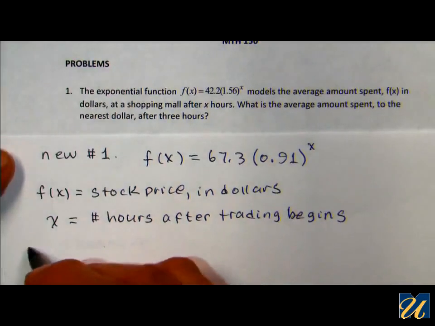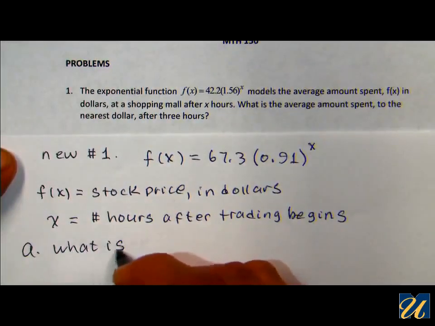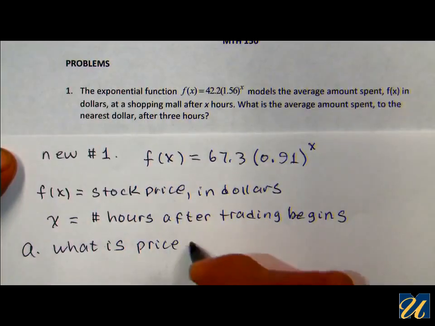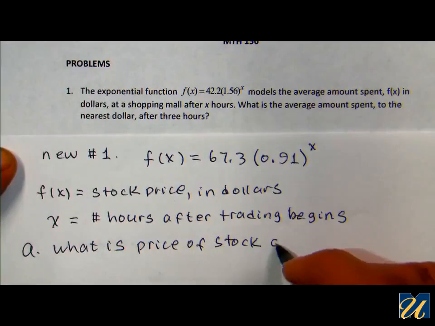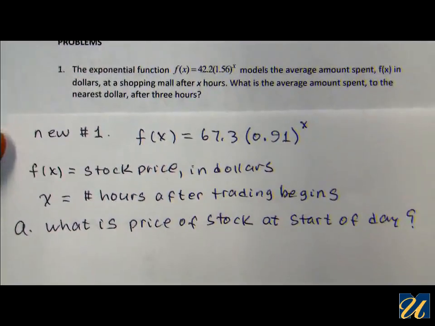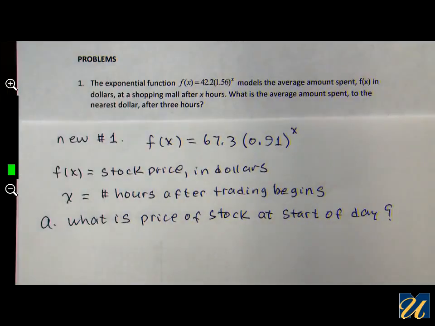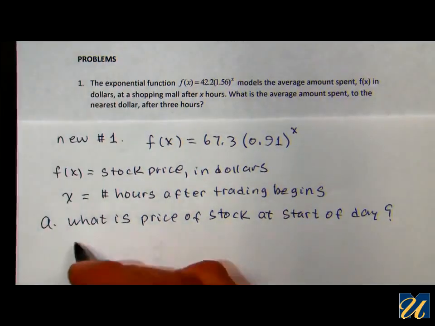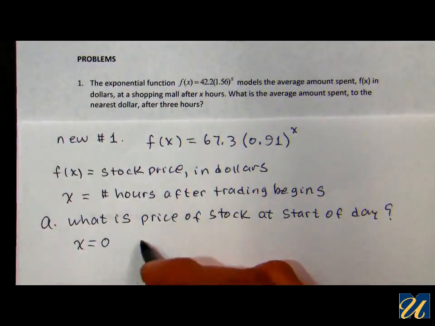A, what is the price of the stock at the start of the day? What was the opening price of the stock when the bell rang? Since x measures the number of hours after trading begins, this is where x is equal to 0.